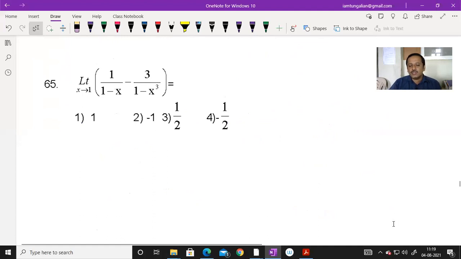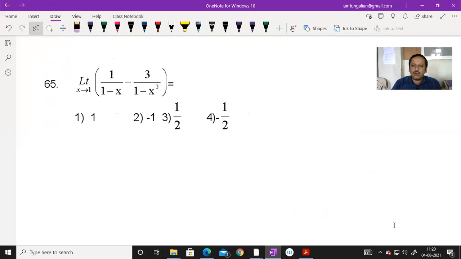Okay. So let's have a look at question number 65. Limit x tends to 1 of 1 by (1 minus x) minus 3 by (1 minus x cube) is equal to. If we directly apply the limit in the first term, the denominator becomes 0, which means the expression will tend to infinity. Second term also, the denominator becomes 0, so that will also tend to infinity.